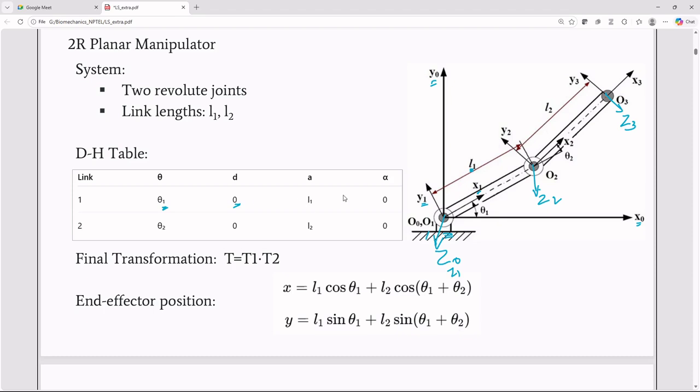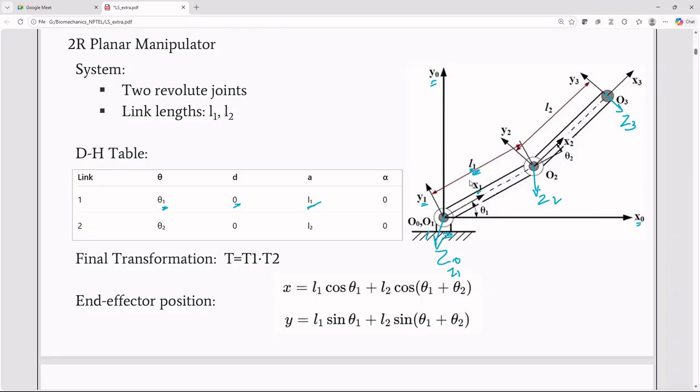So d becomes 0, and the distance in the direction of x1 between O1 and O2 will be L1, that is the length of the link.